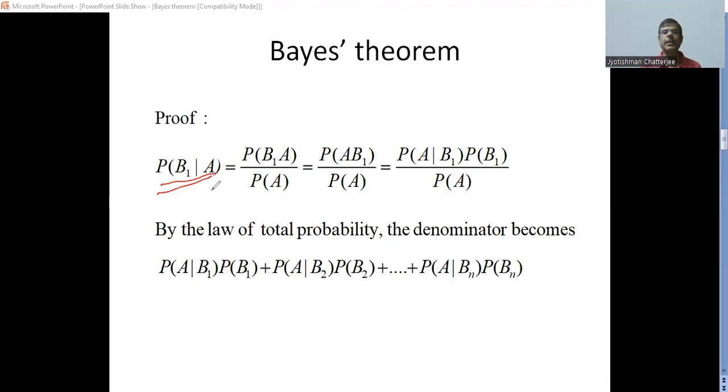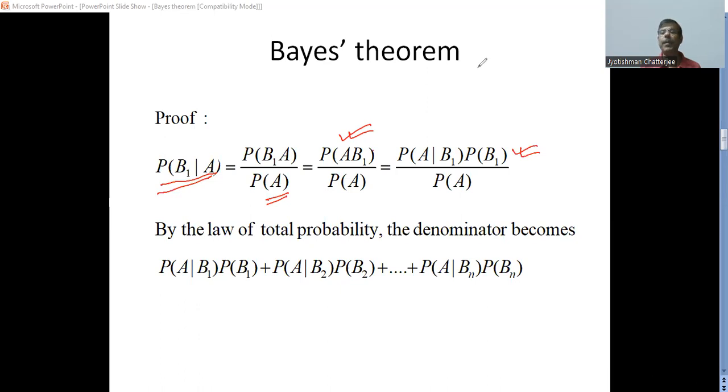And by definition, that's nothing but P of B1A by P of A. B1A is same as AB1, so we write this way. And probability of AB1 can be written this way, because if you start from here, you will get here.